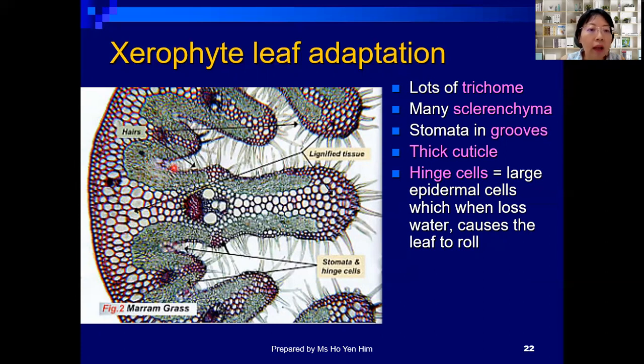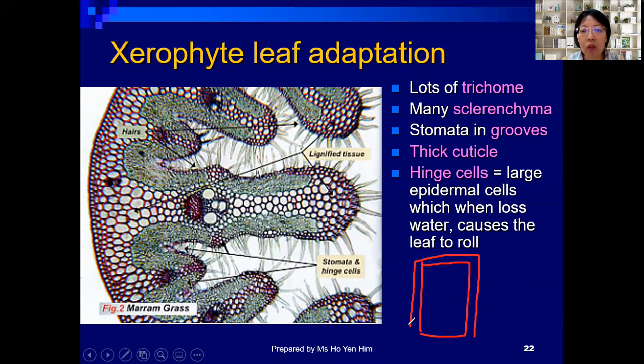This one is not so clear and not so sharp. These cells here are called the hinge cells. Now, what is a hinge? You go to your door and ask where is the hinge. It's the place where your door is attached to a frame. Every door has got a frame, right?